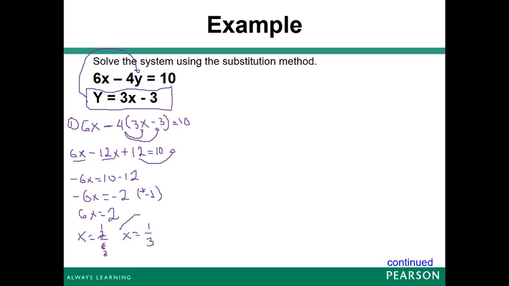Look at that. Here we have the first equation with the first answer. We simplified the equation. We used the substitution.